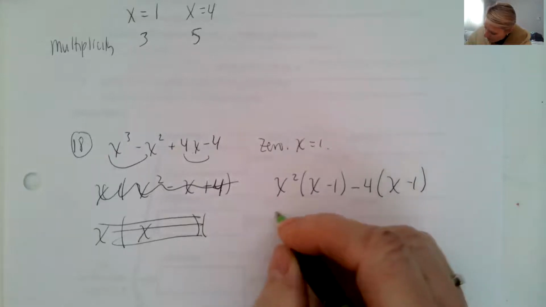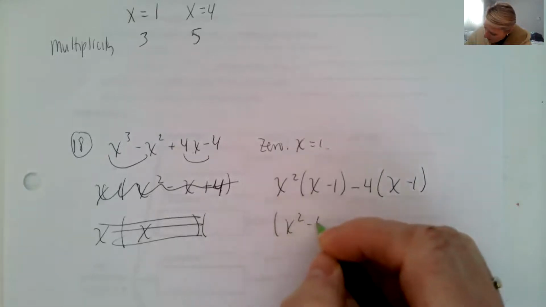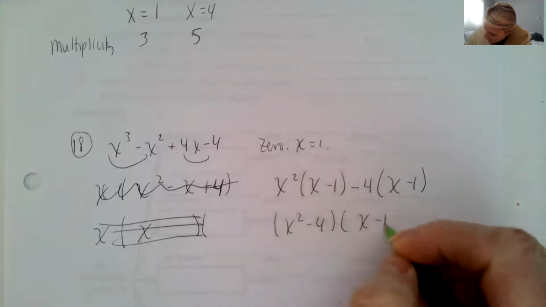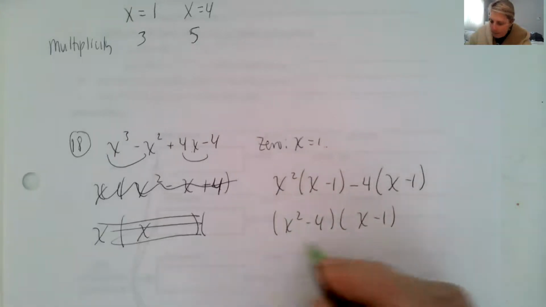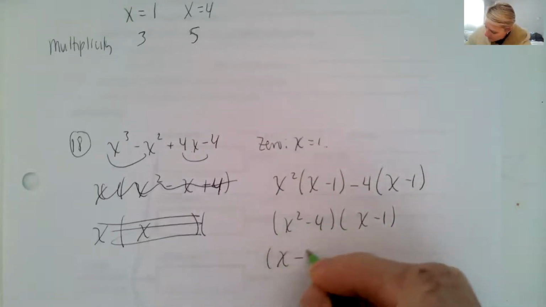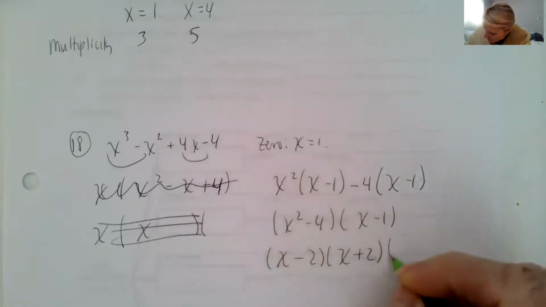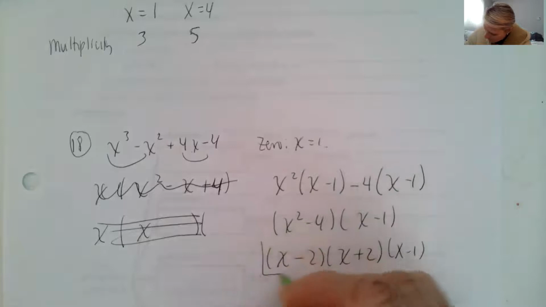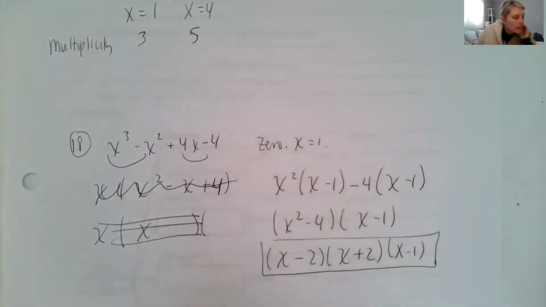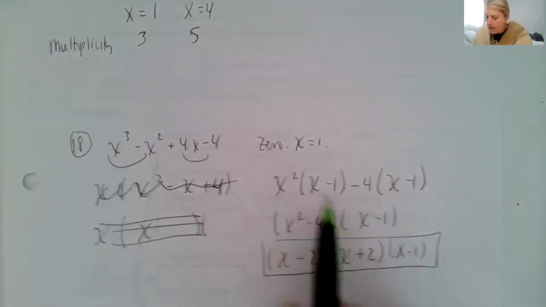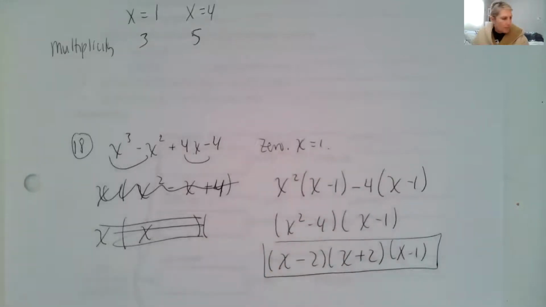So x squared minus 4 times x minus 1. And then this factors into the conjugates, a difference of squares: x minus 2, x plus 2, and x minus 1. So that just happened to factor, knowing that x equal to 1 was a zero.